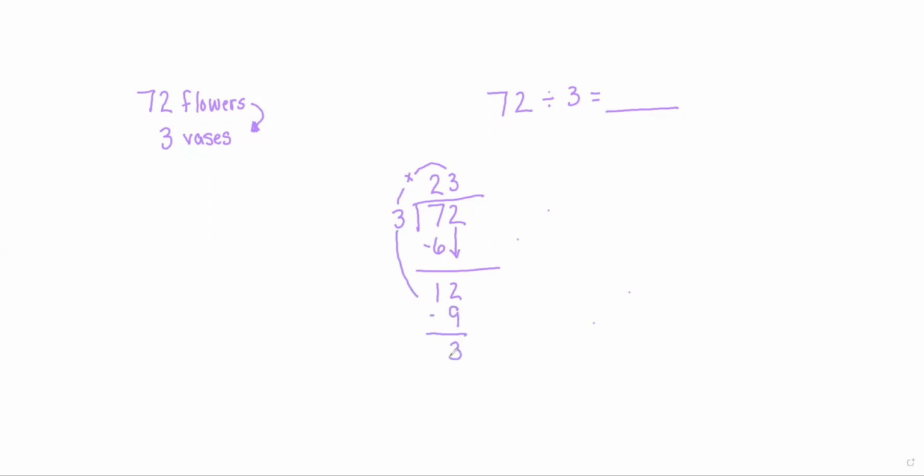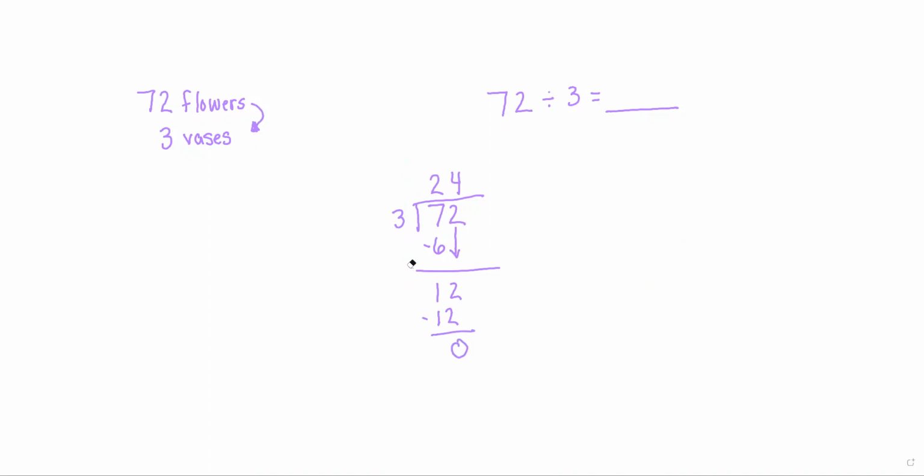Oh no, I have 3 left over, so it has to fit in one more time. It's not going to fit in 3 times. Instead, it's going to fit in 4 times. 4 times 3 equals 12. Subtract, and we get 0. Good, so it's even. I don't have to worry about anything else.